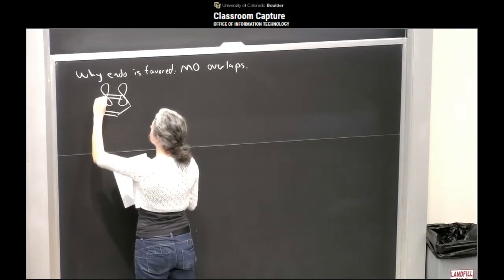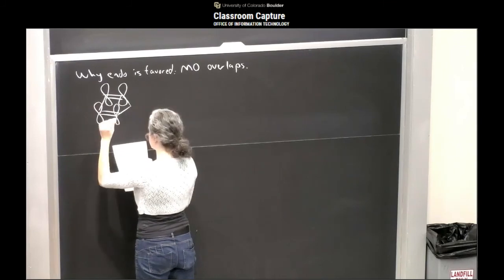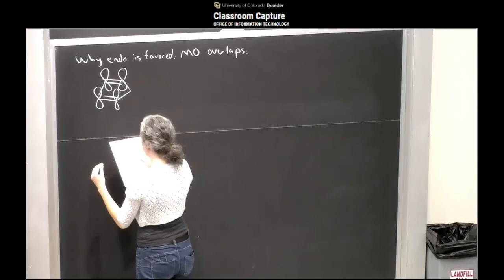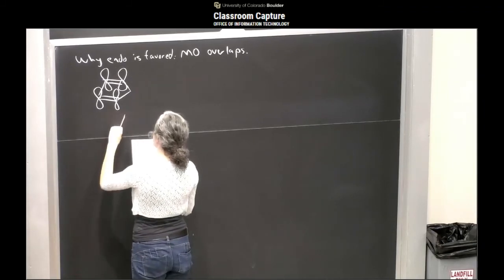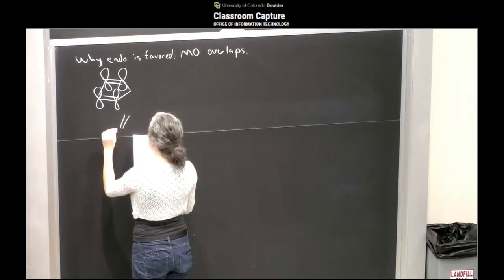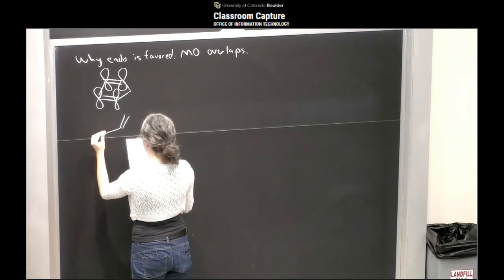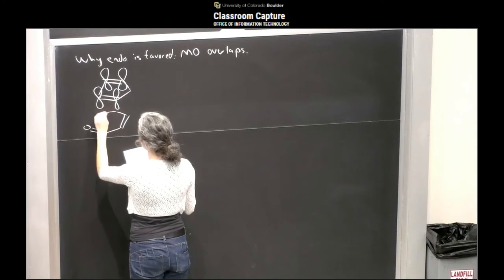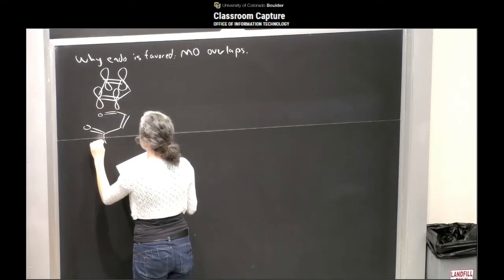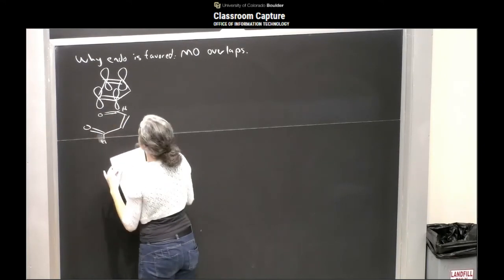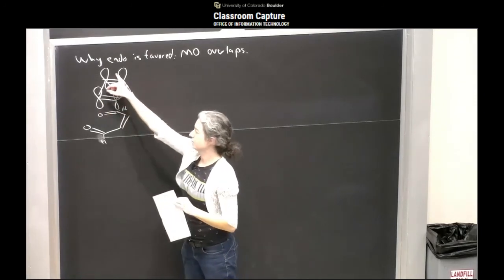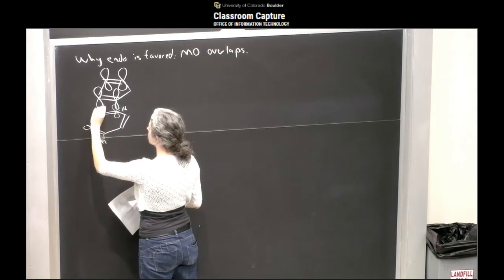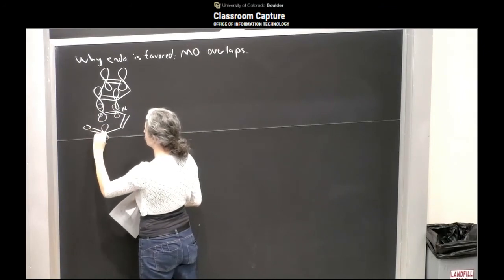Here are our p orbitals again. And if we get the dienophile here, the diene has its own p orbitals, and the dienophile also has its own p orbitals.